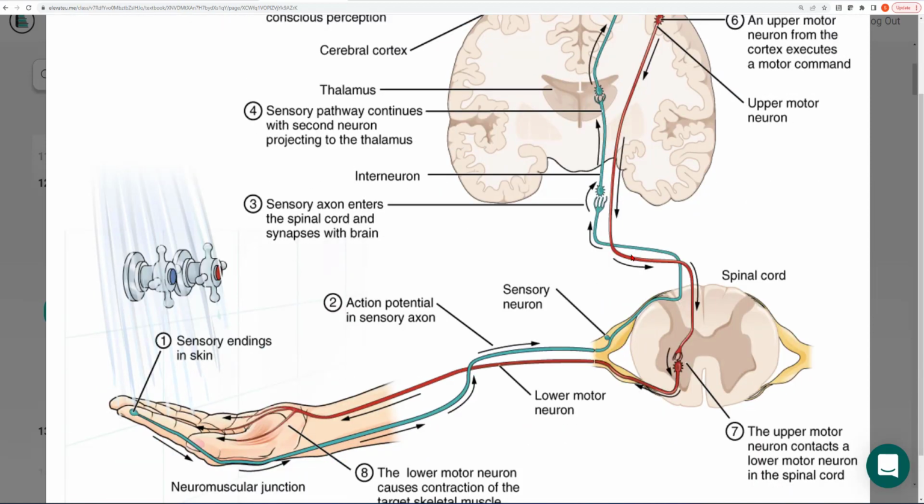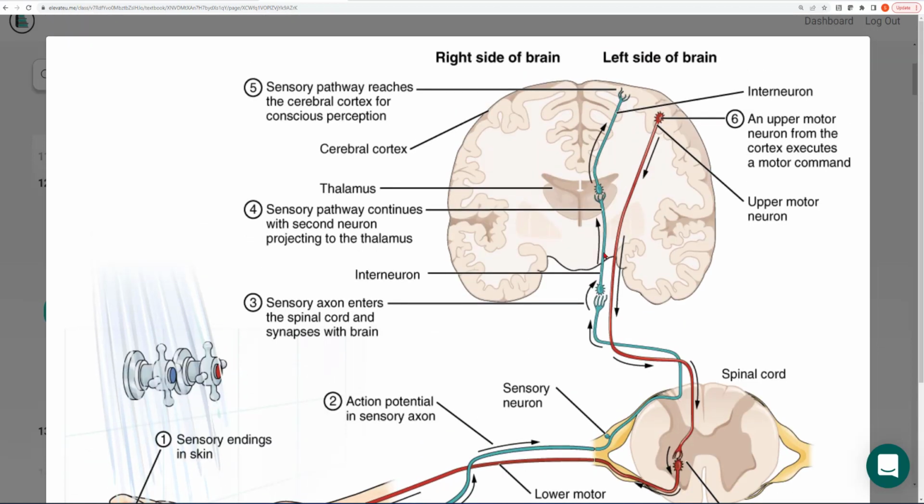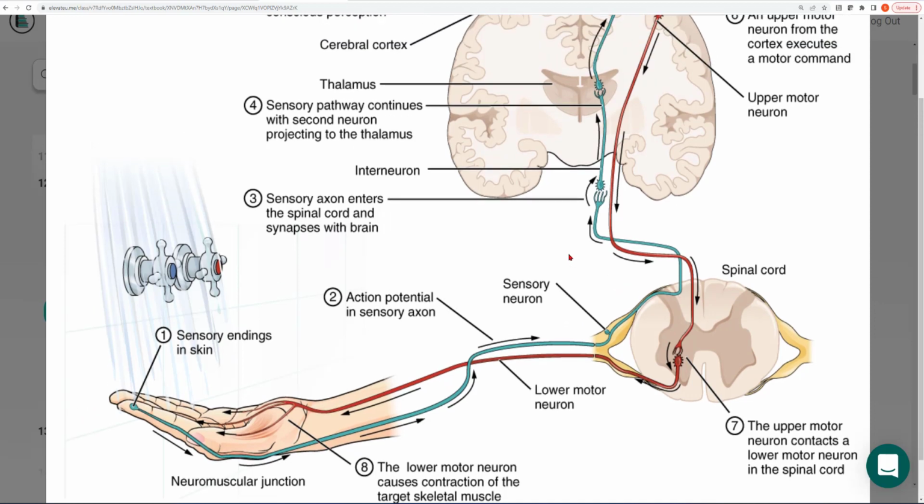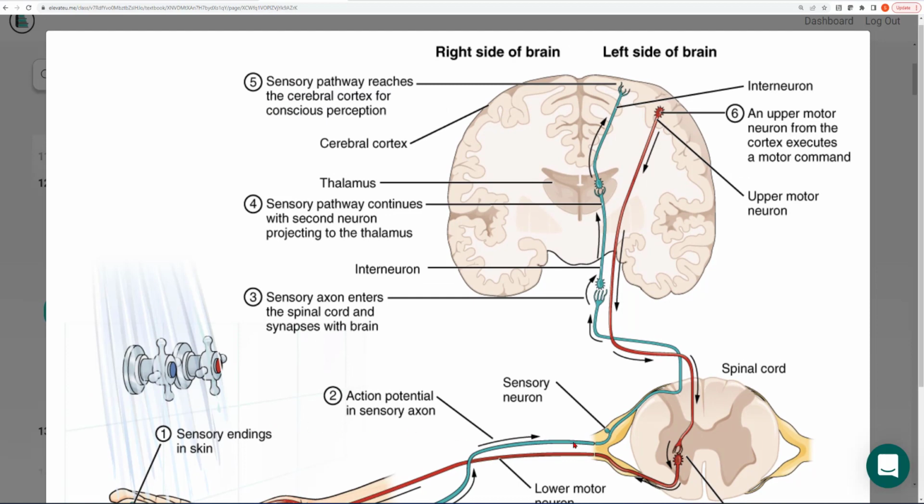I also want you to note something else. This is over here, let's call this the right hand, and notice that the signals are going up the spinal cord and they're crossing over to the left side of the brain. So we'll discuss this quite a bit, but the signals that go to and from the brain are contralateral, right?